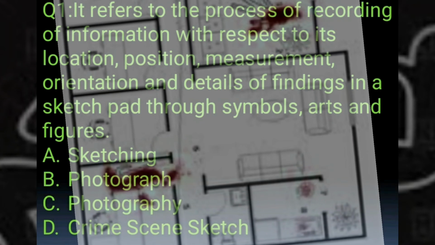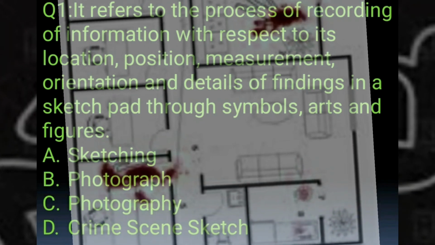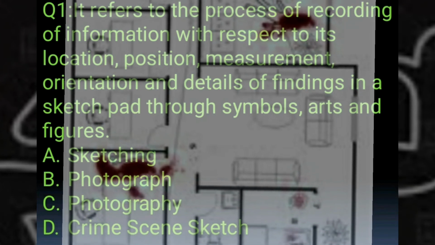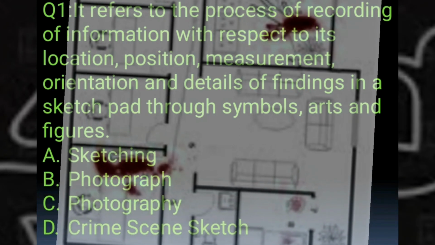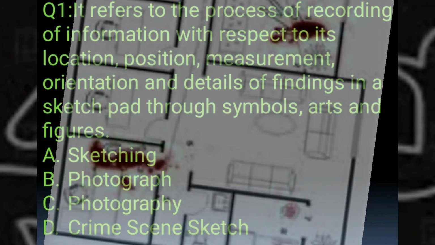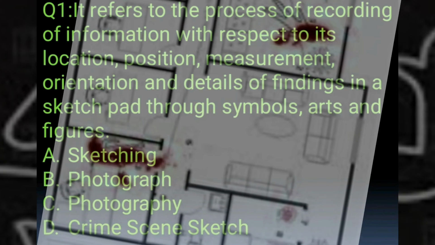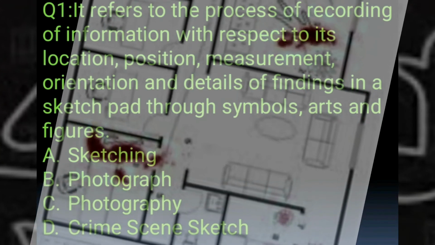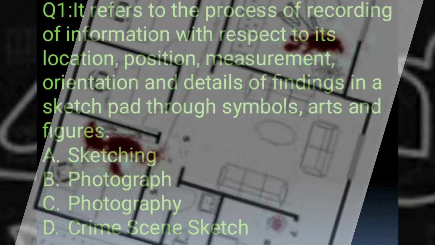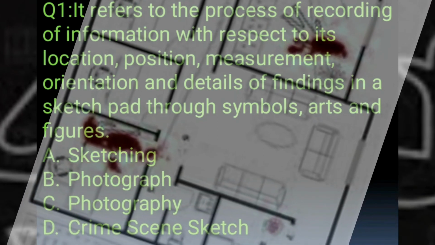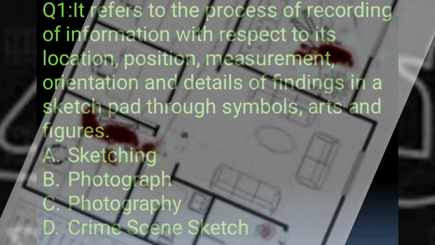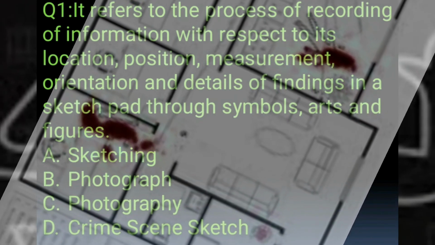So, it was derived from two words, that is phos, which means light, and graphos means to draw. Okay, the literal meaning of photography is to draw through light, because if you will use the camera in taking photographs, it will make an image through the use of light. Okay, yun po yung photography. And it is the primary method of documenting the crime scene, no?